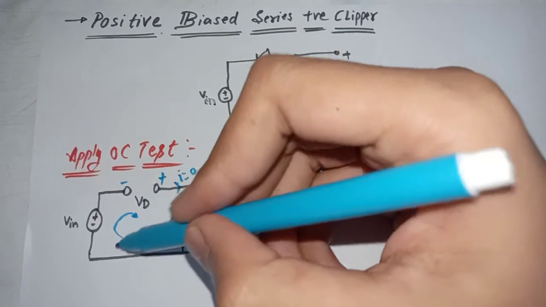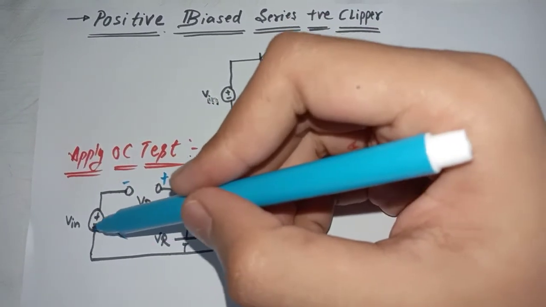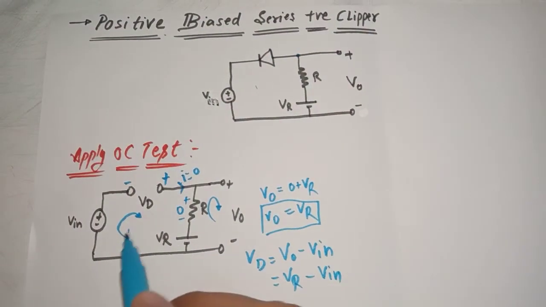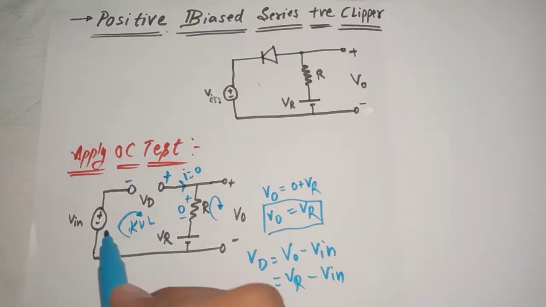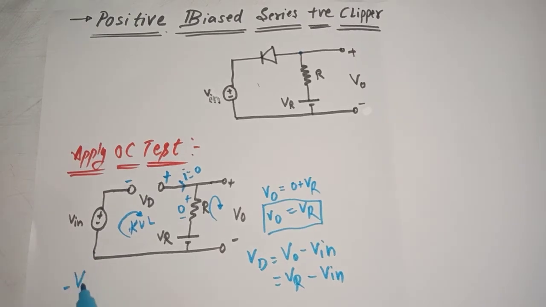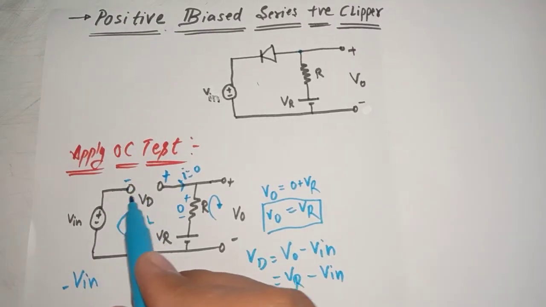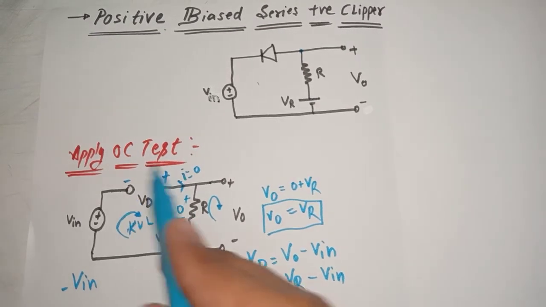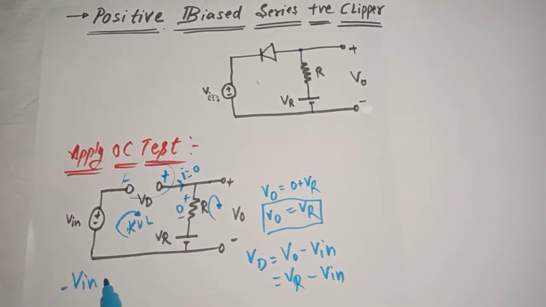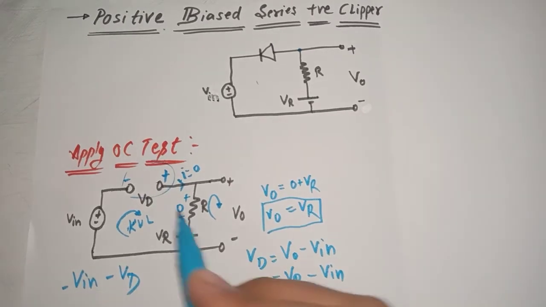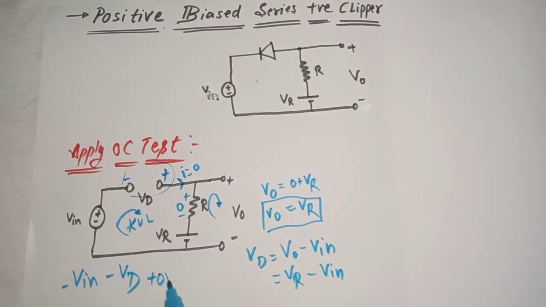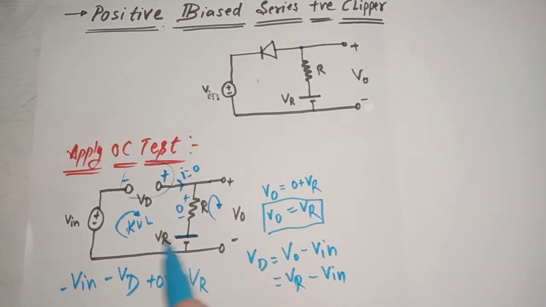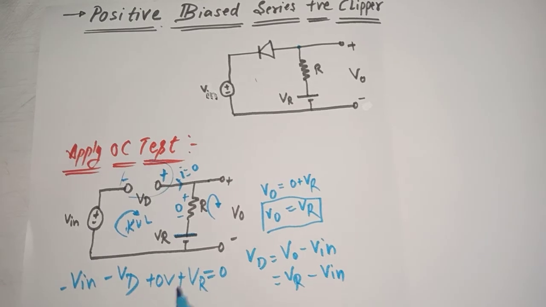See, we are applying KVL in this sense. The polarity which we face first, we write that. Let me show you how to apply KVL. First of all, we are facing negative polarity, so we write minus V in. Then this is open circuit, so we don't have to write it. But we have a diode voltage across it, so it will be minus Vd, then plus 0 volt, then plus VR, because we are facing the positive polarity of the battery, equals 0, right?